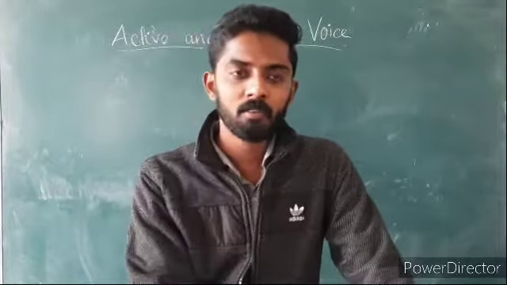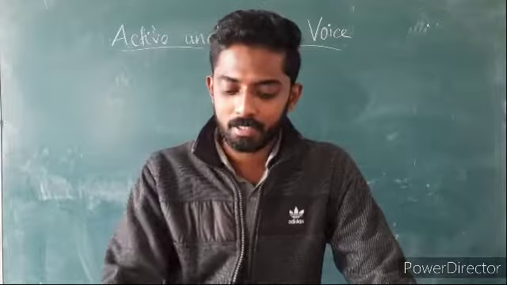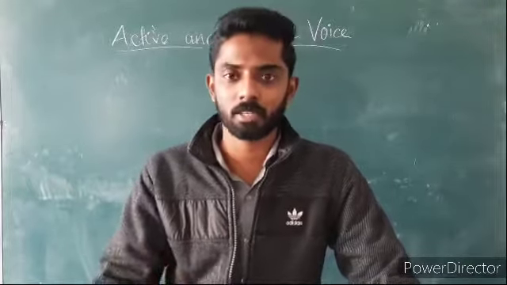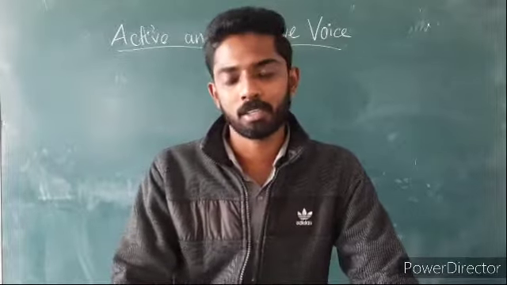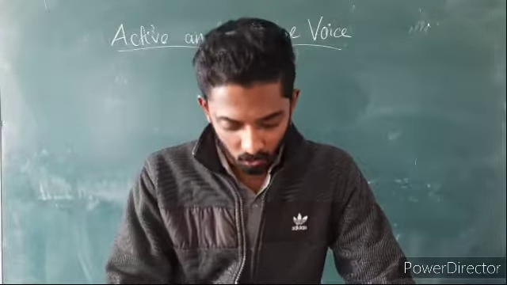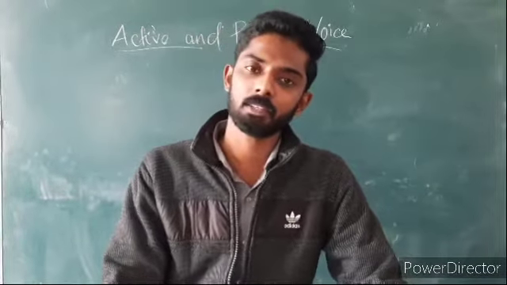Now when we speak about passive voice, what is that? It tells us something that is done to a person or a thing. That something which is done to a person or a thing is known as passive voice. For example, its contents were read aloud by the teacher.